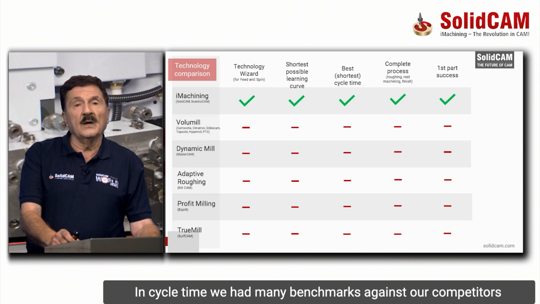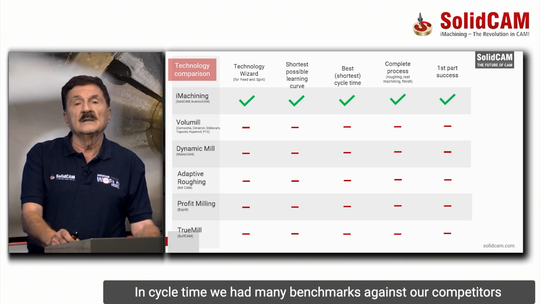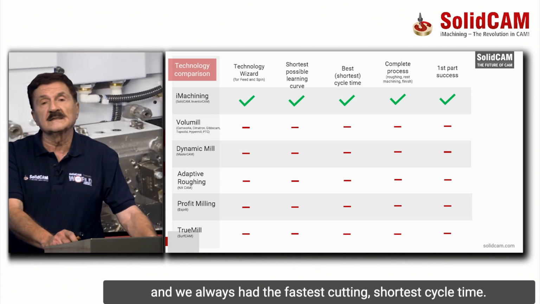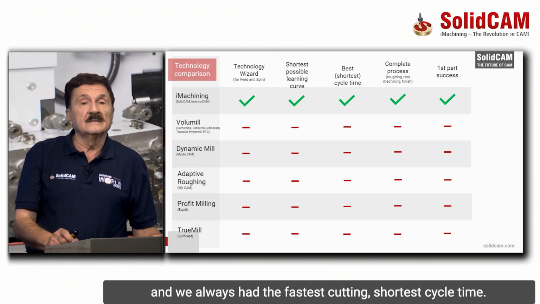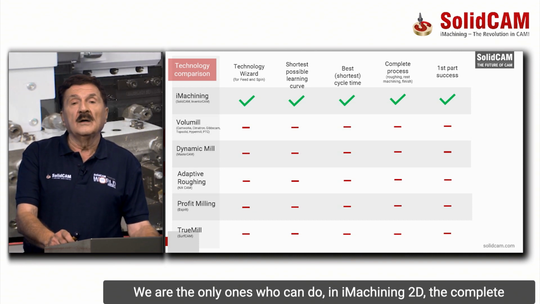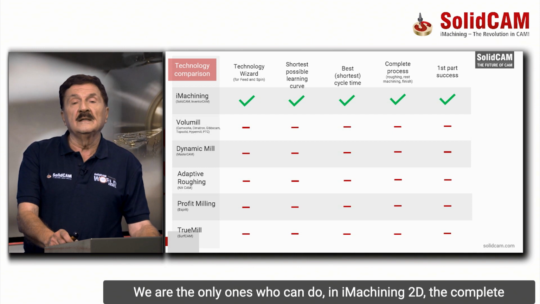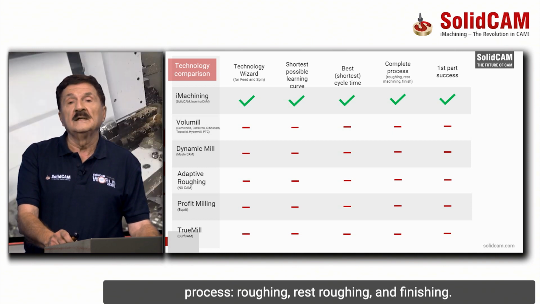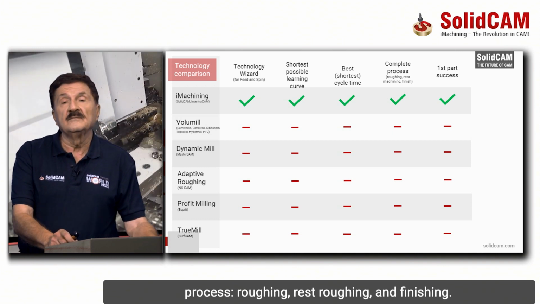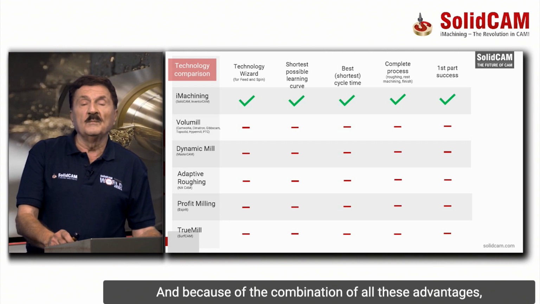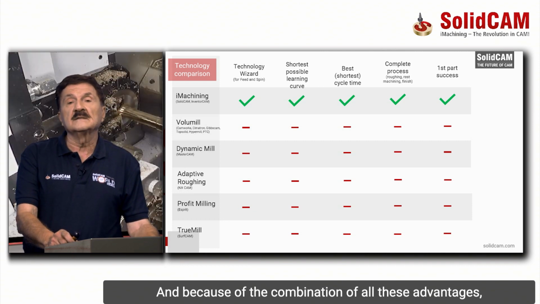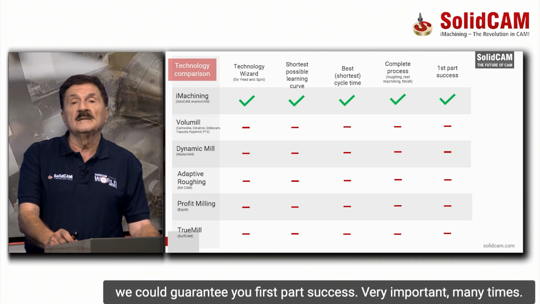In cycle time, we had many benchmarks against our competitors, and we always had the fastest cutting, the shortest cycle time. We are the only ones who can do in iMachining 2D the complete process, roughing, rest roughing, and finishing. And because of the combination of all these advantages, we could guarantee you first part success, very important many times.